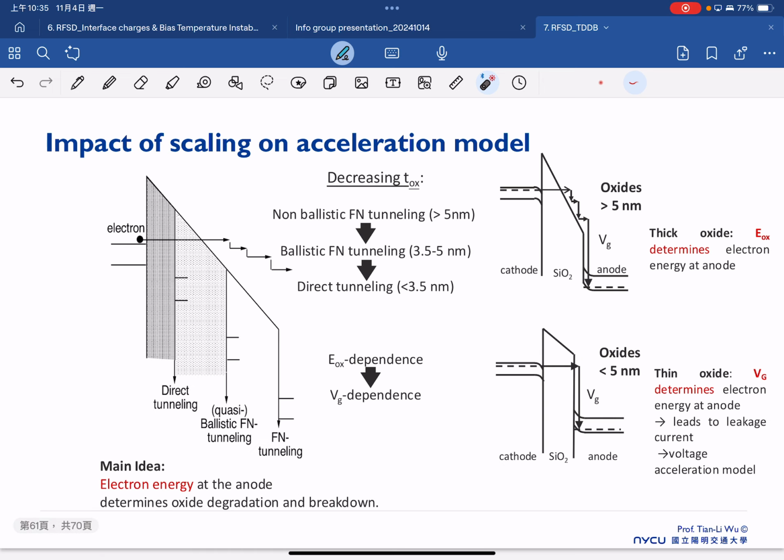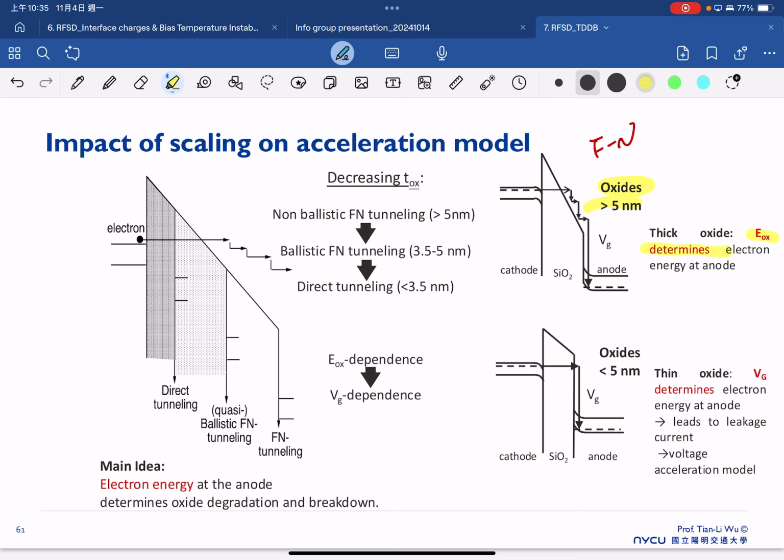And of course, once we do the scaling, we will completely change the scenario. For an oxide thickness beyond 5 nanometer, that's F-N tunneling, because the electric field determines the electron injection.